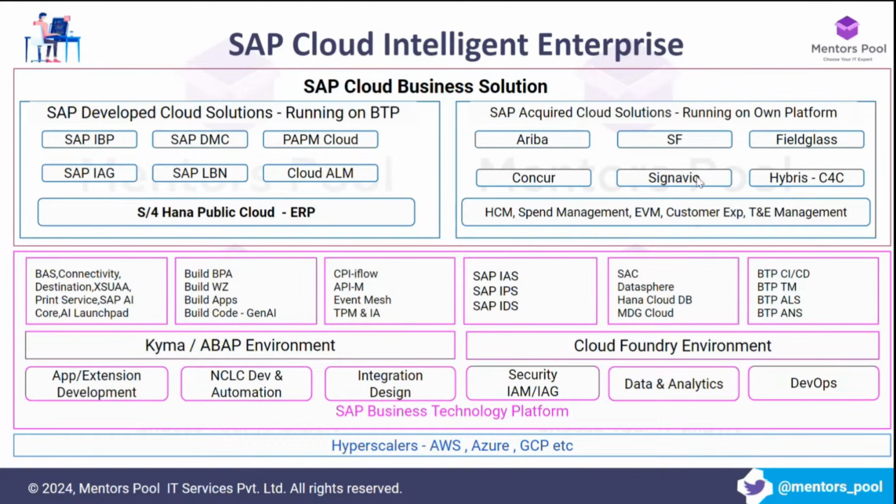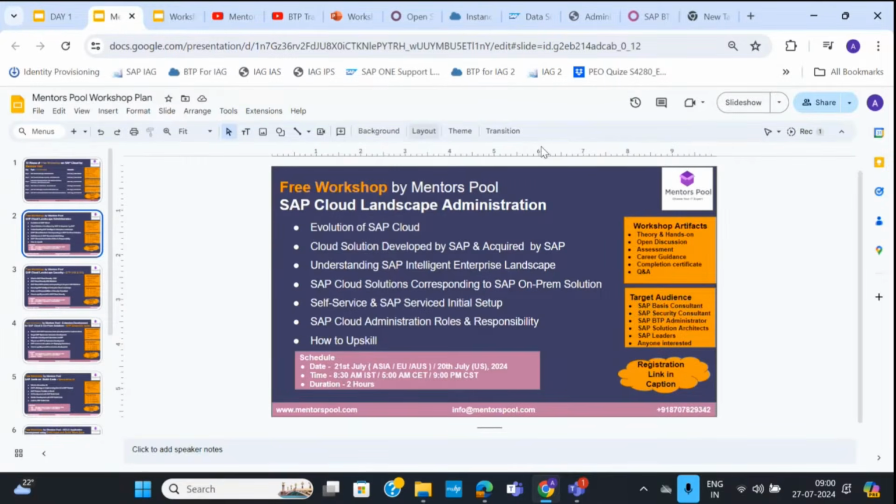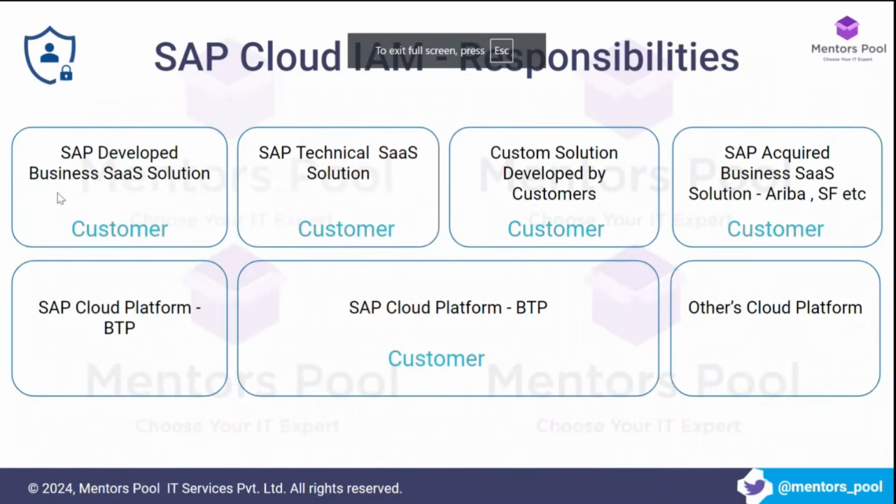I mention in my PPT that for the business solutions developed by SAP running on BTP, you have to take care of identity access management as a customer. The same applies to technical SaaS solutions running on BTP, for integration, security, automation and development.